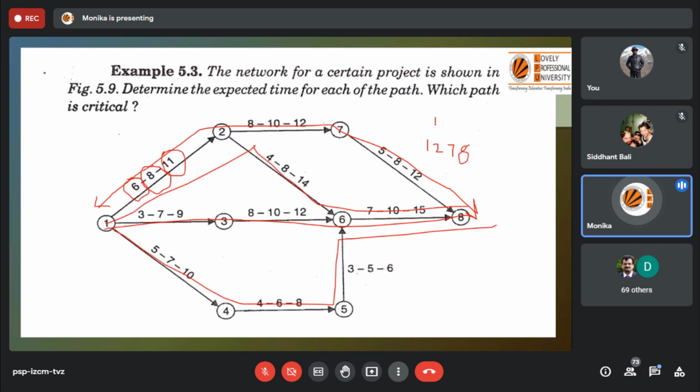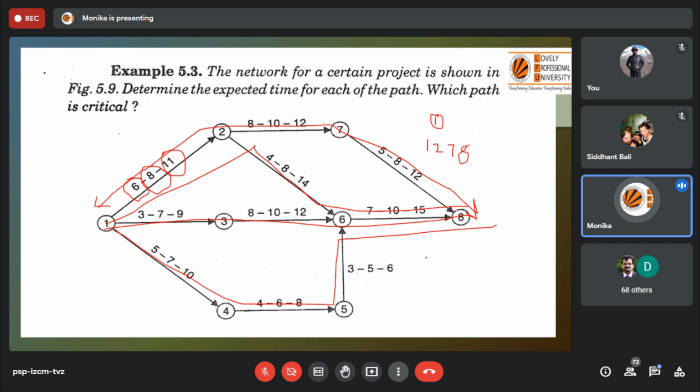To get the mean expected time for this path, you sum up the optimistic times of this path, 6 plus 8 plus 5. That is going to be the total optimistic time for this path. Then you calculate the total most likely time and total pessimistic time by adding these three activities, and then apply the formula. You will get the total duration to complete this path. Similarly, you will do it for the others.